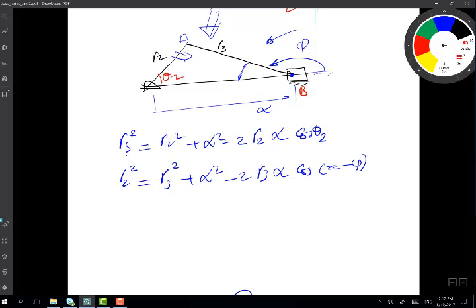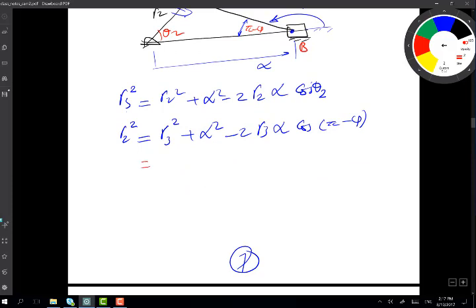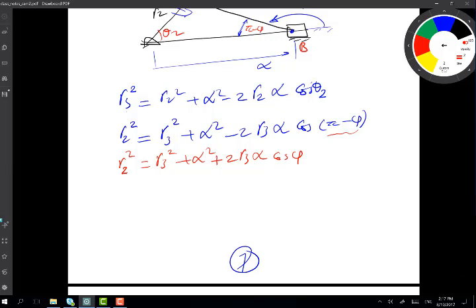This angle here is pi take away phi. I can clean this a bit by expanding and getting rid of pi. So r2 squared equals r3 squared plus x squared minus 2 r3 x cosine. Here I have cosine of pi minus phi and I want to expand that. Cosine pi is -1, so this will be positive, and I'll have cosine phi. The other term will be 0 because it will be sine, and sine pi is 0.